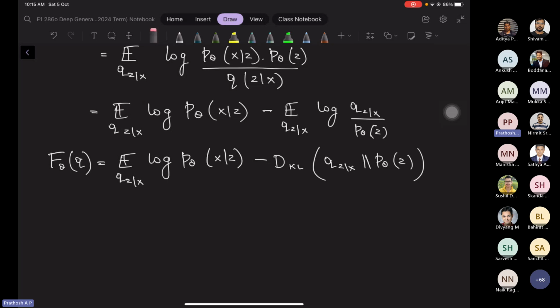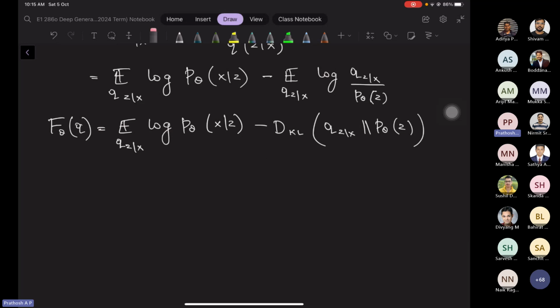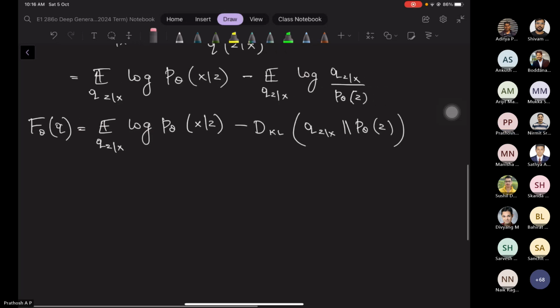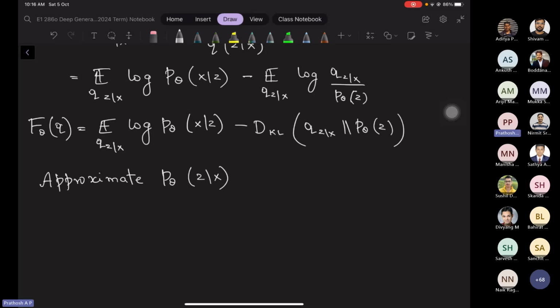Now what is done in a VAE is that first you approximate. One question: for this to be a KL divergence, there should be a p theta of z term also, right, before the log? No, there should be a q of z given x term.